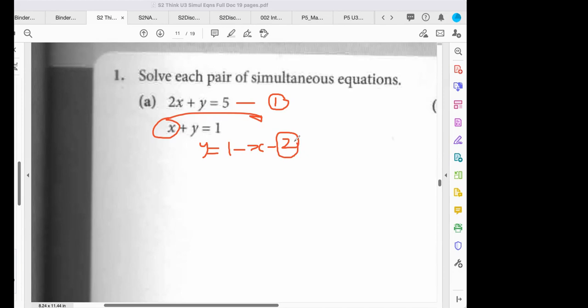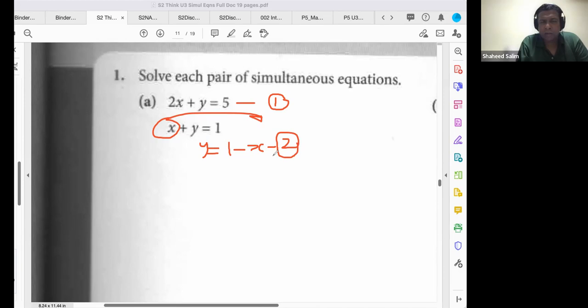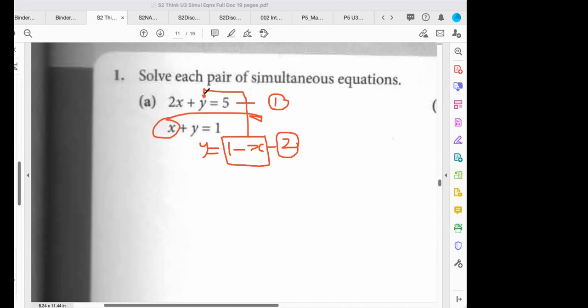Yeah. So now you see here y equals 1 minus x. Now, I already got y equals something. Now I can put the value of y inside here. You see, I can take this value of y and put it inside here. In one word, that is substitute.